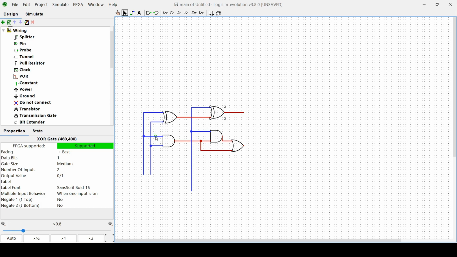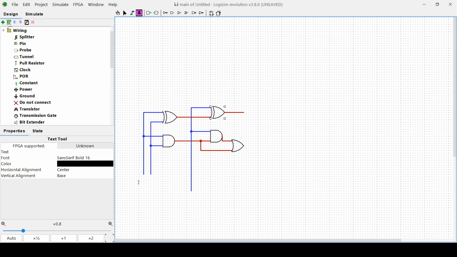These blue lines represent our inputs. This very first line is A, the second line is B, and the third line is carry in.